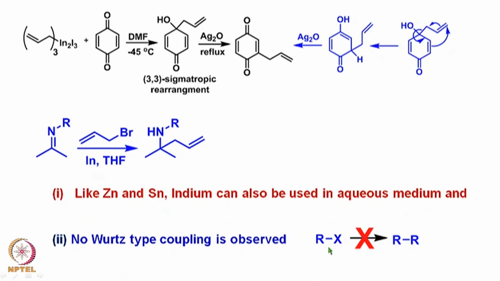For example, this RX cannot undergo a coupling to form RR. So this is how interesting reactions take place with indium. However, the only disadvantage to some extent is that it is a somewhat expensive reagent.